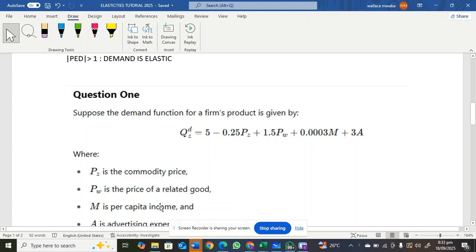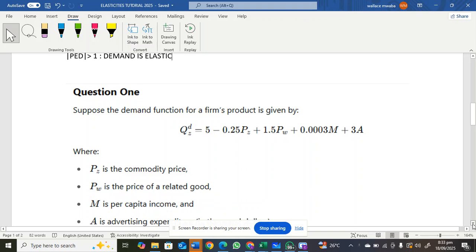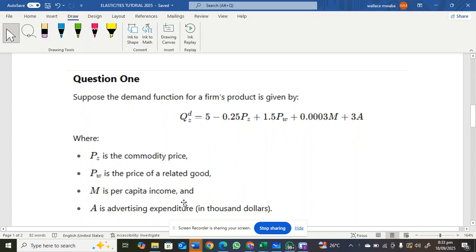M is per capita income, income for each person. And A is advertising expenditure. So in this demand function, quantity demanded for good Z is dependent on the price of good Z, the price of a related commodity, the income of people, and the expenditure.